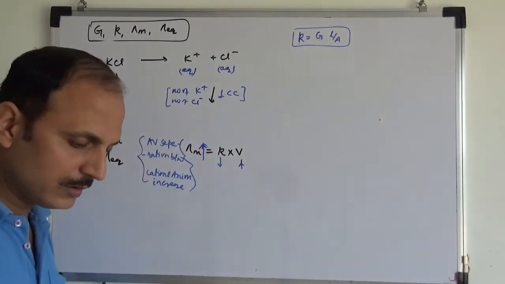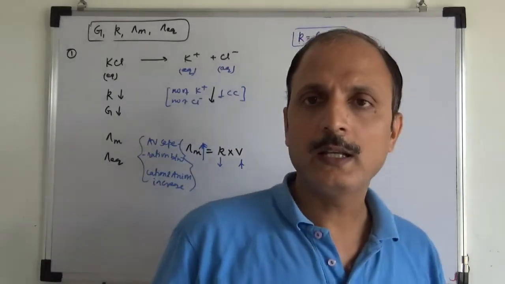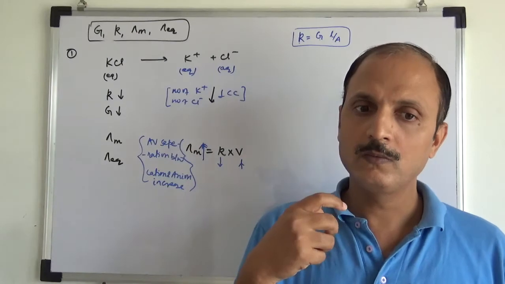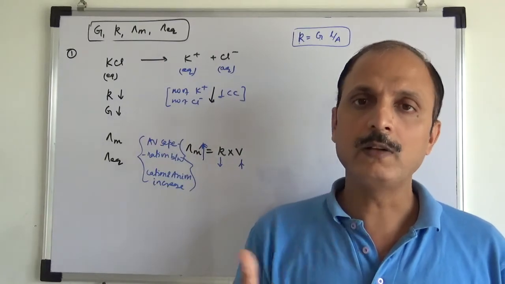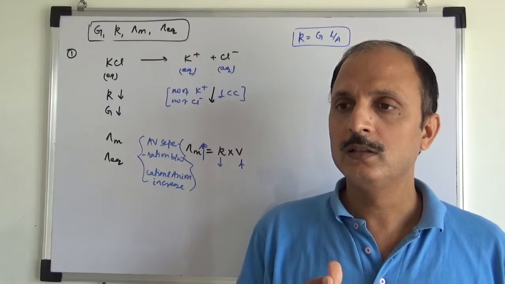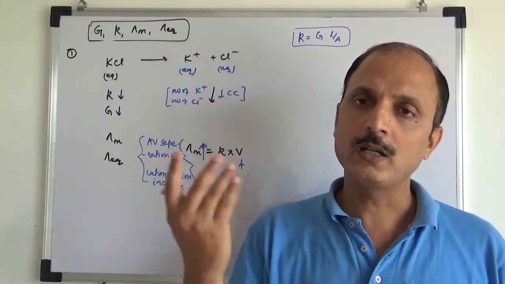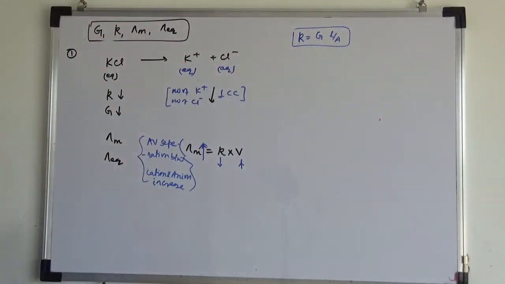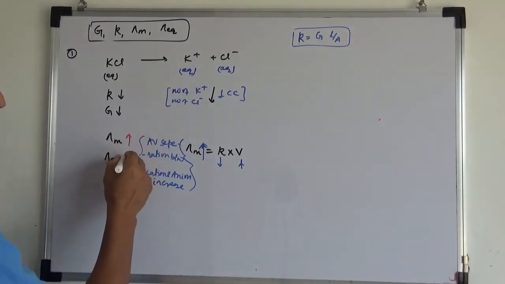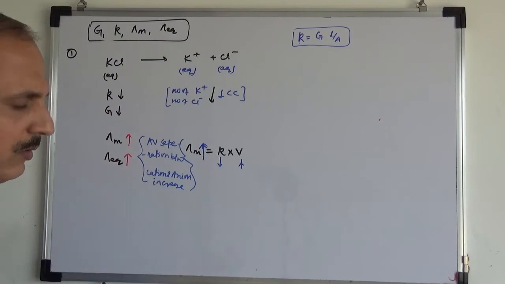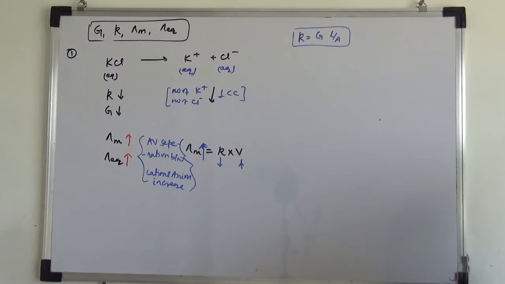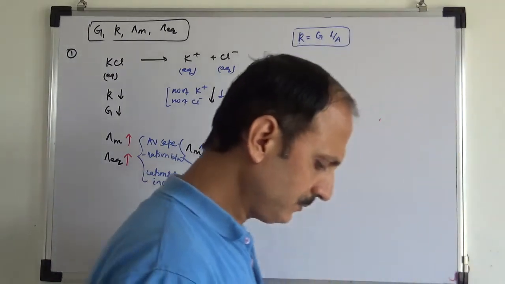Due to dilution, the average separation between cation and anion is going to increase, the interactive force between them will decrease, and that will not hinder the cation and anion to move. So molar conductivity will increase. On dilution, both are going to increase, meaning molar conductivity as well as equivalent conductivity, both will increase.